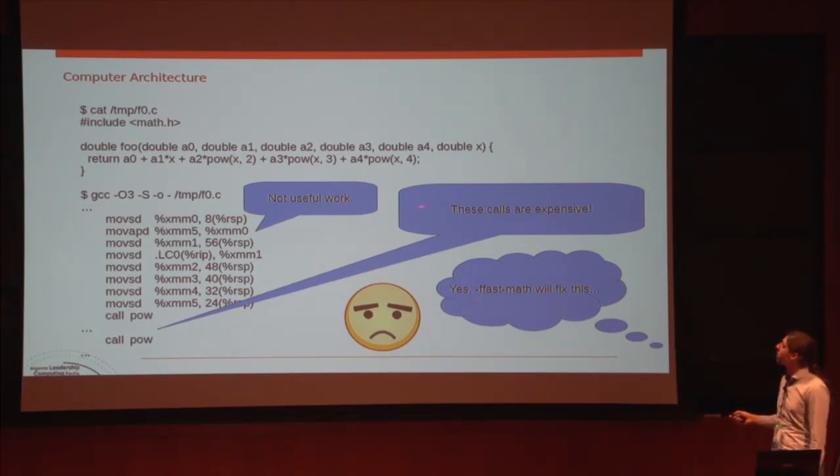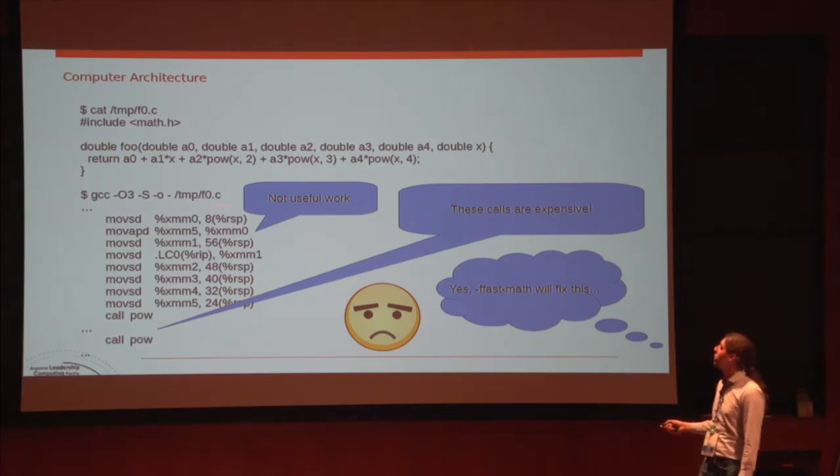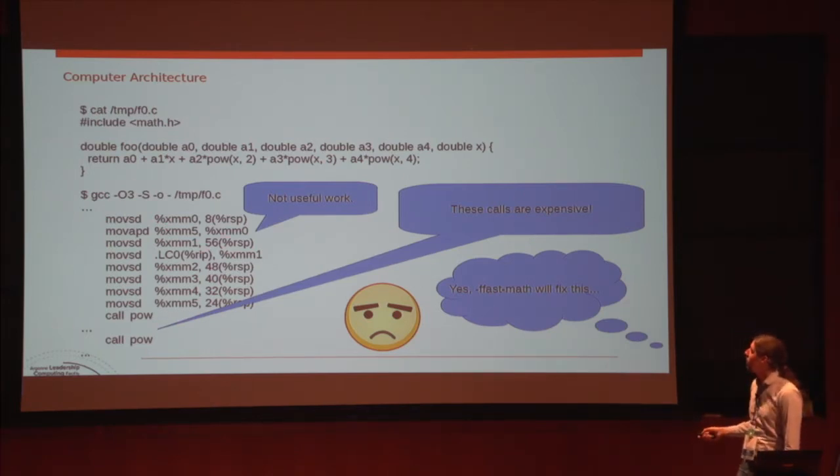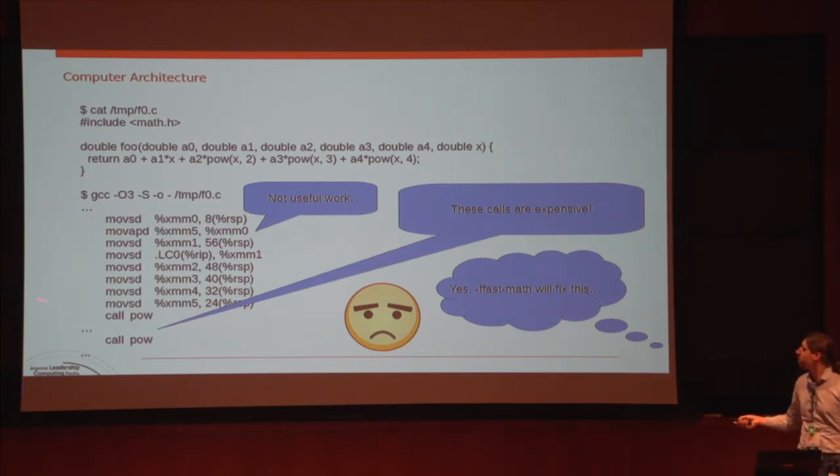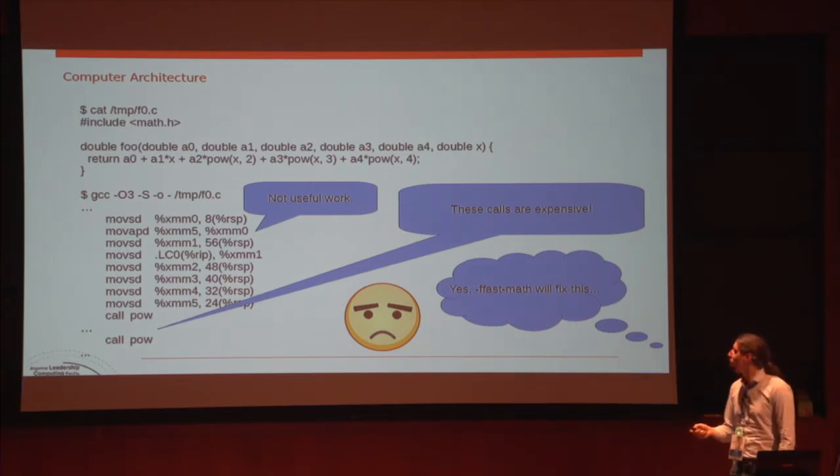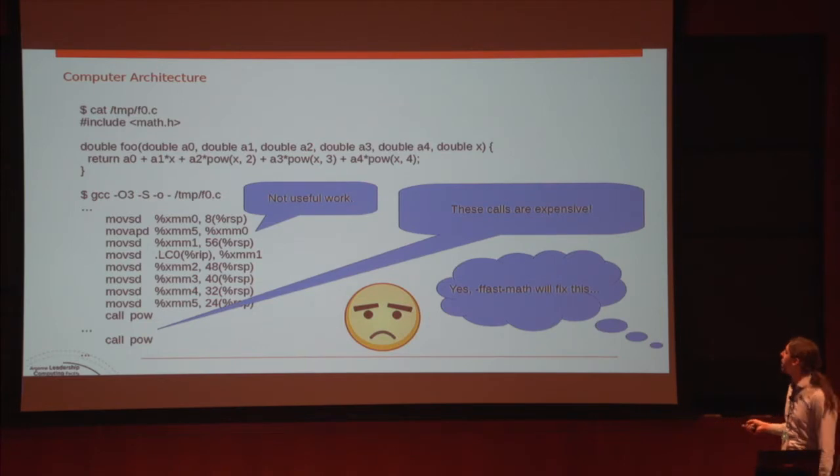The first thing I notice is that it's not really doing a lot of useful work as I compile it. It's moving a lot of data around, and it's making calls to the power function. These calls are expensive, and this work is not useful. I'll say before we go through this example that yes, I know that if you use fast math, that will fix this particular code example, but it's not a general solution.